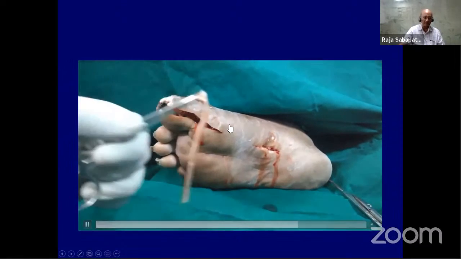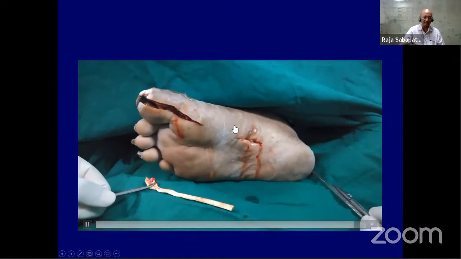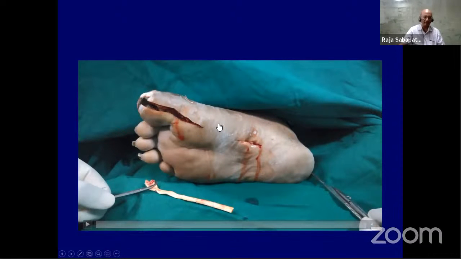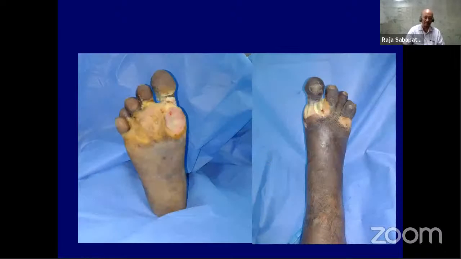If it tracks down, this area provides a great anaerobic environment for the bacteria, so it does not heal. Suppose you take off the tendon this way and then close the wound, then it's possible that we'll be able to salvage this and prevent further complications.